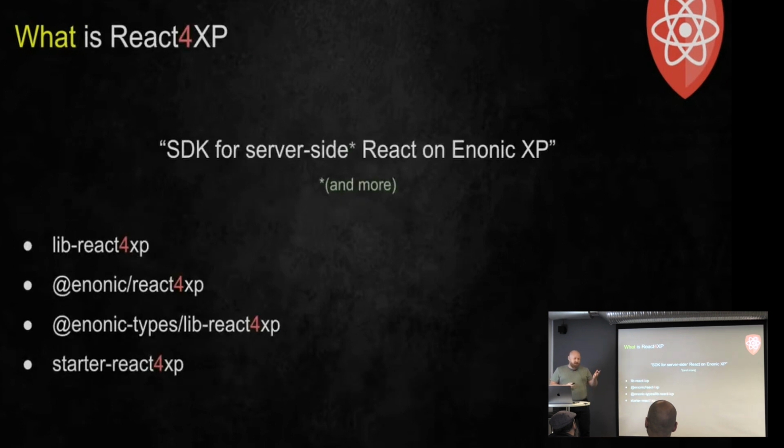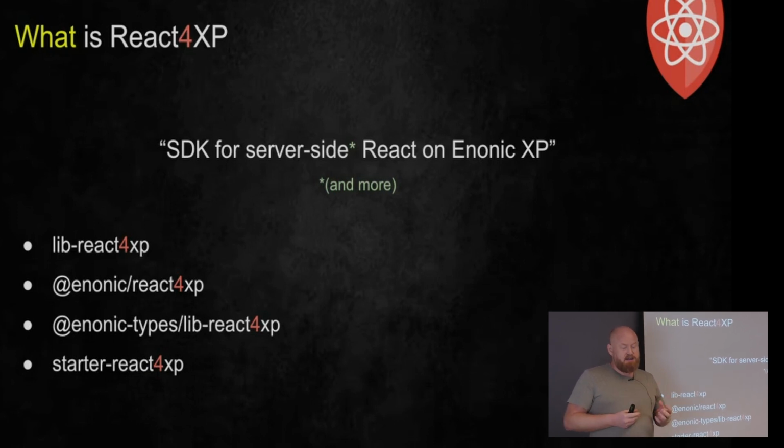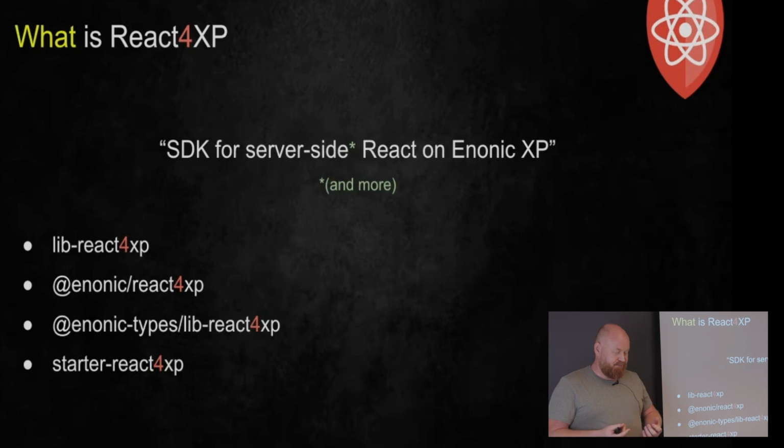And then what is React4XP? I tried to put it down to one sentence. It's an SDK for server-side React on Enonic XP. But it does, of course, more than server-side rendering. The main part of it is a Java library, which contains the coding API, the rendering engine, some application configuration, and services for hosting assets.